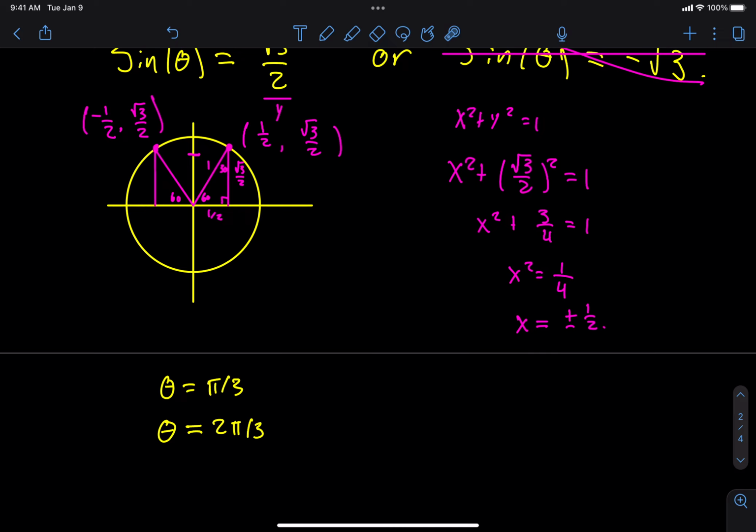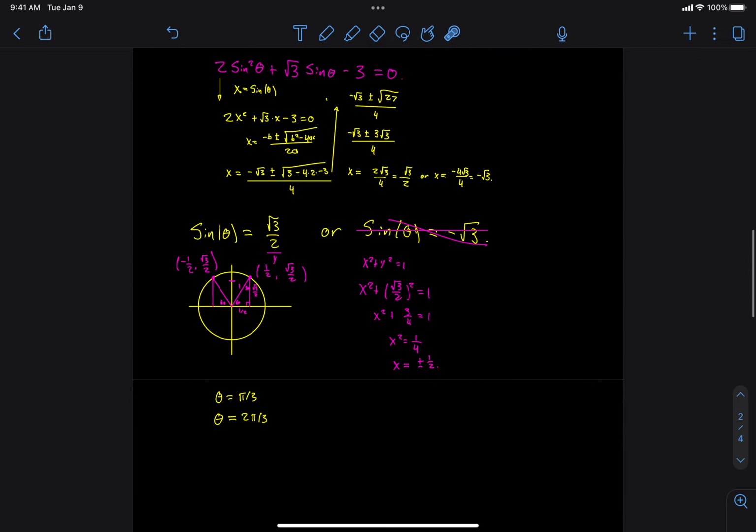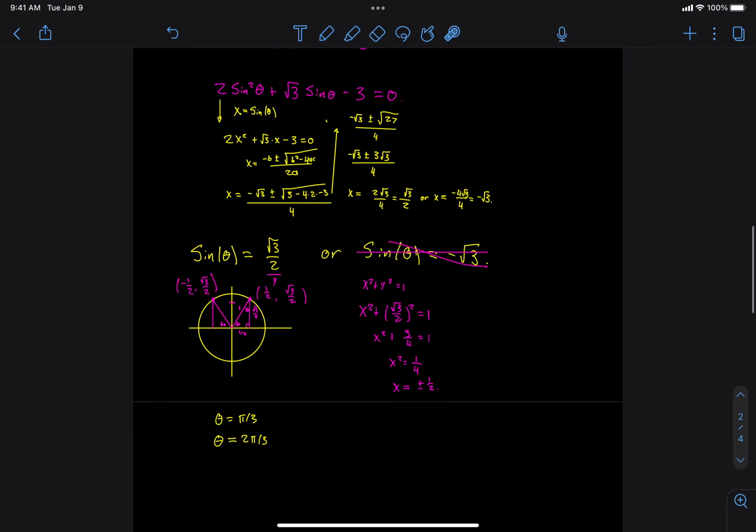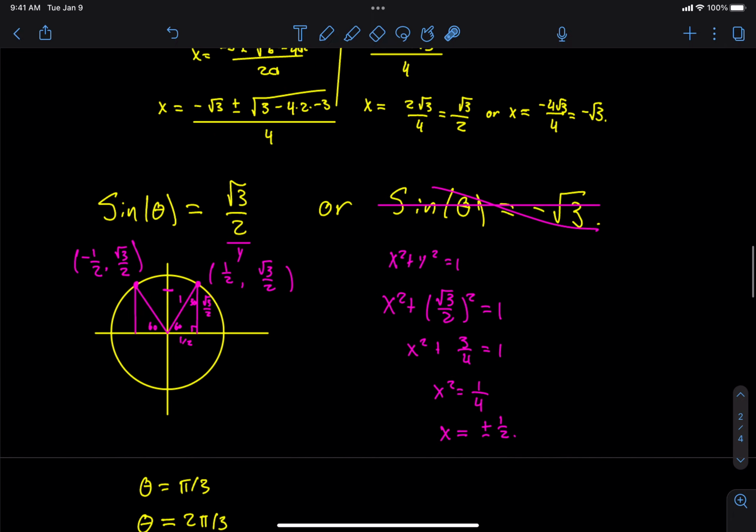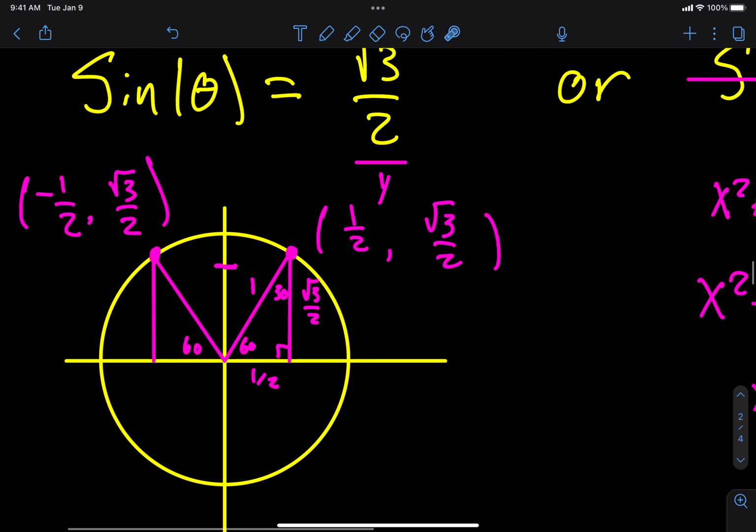And am I done? Have I found all the angles which cause sine of theta to be root 3 over 2? Yeah. No. No? Wait, what? Wait. Let me show you another angle.